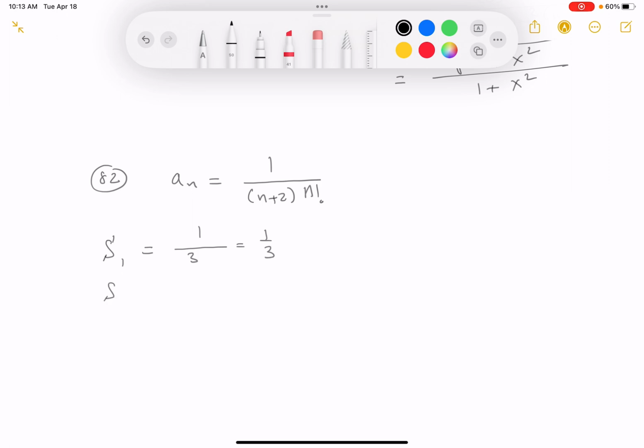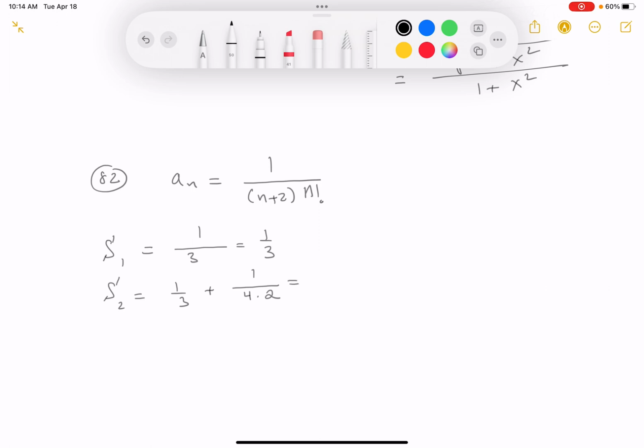Now if I write down S2, it's the first term, which is 1/3, plus, going to n equals 2 now, 1 over (2 plus 2 is 4) times 2, because 2 factorial is 2.